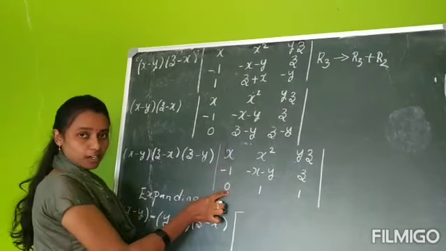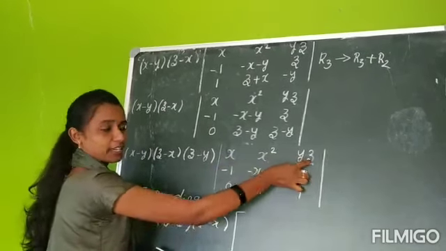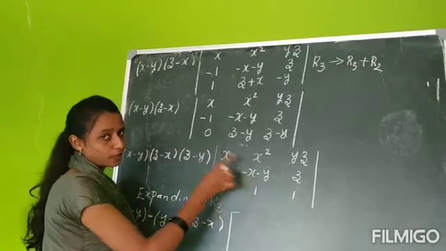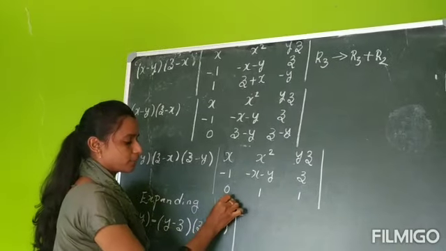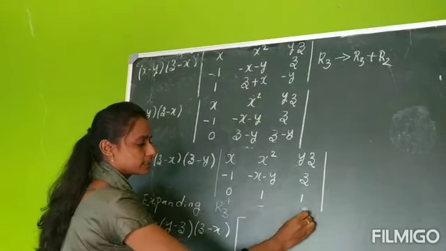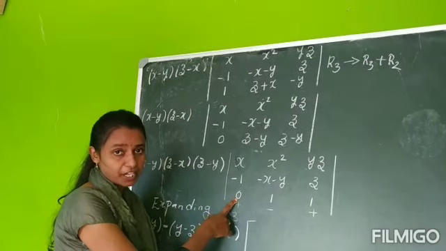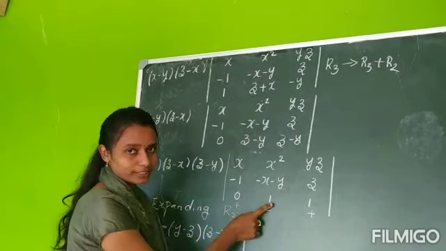Third row and first column you need to hide, and write the remaining. But anyway this is 0, so in simplification you get 0. The signs are plus, minus, plus. So I'll go with the second term.